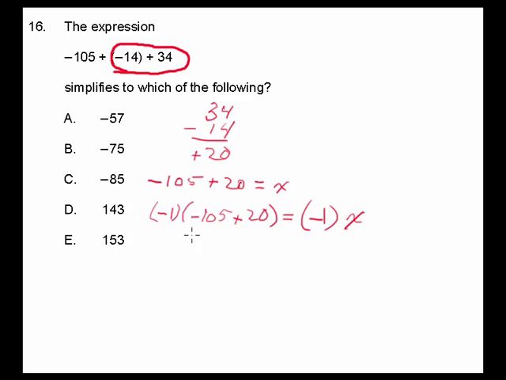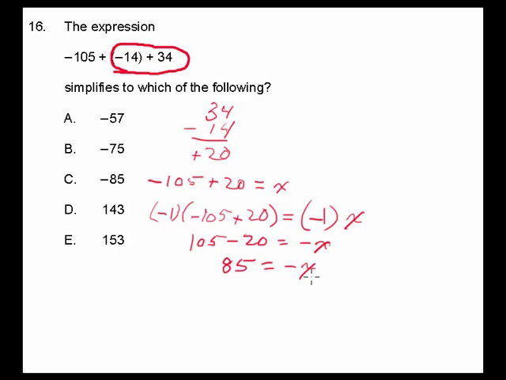And if we do this, we'll get a 105 minus 20 is equal to a negative x. All right, 105 minus 20 of course gives us 85, and this gives us negative x.